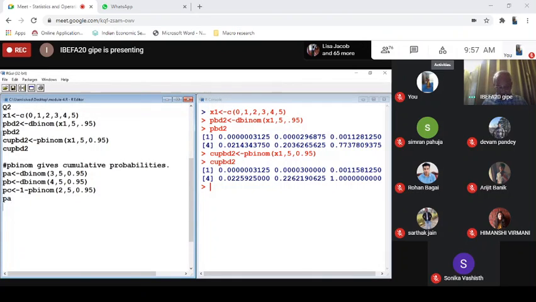PA, PB, and PC. Total probability will be 1. From 1, subtract the lower probability up to 2, you will get 3 or more. Let us see the answer.